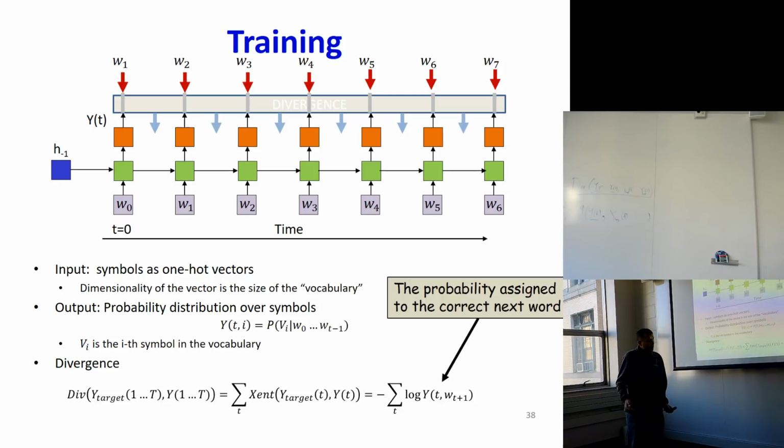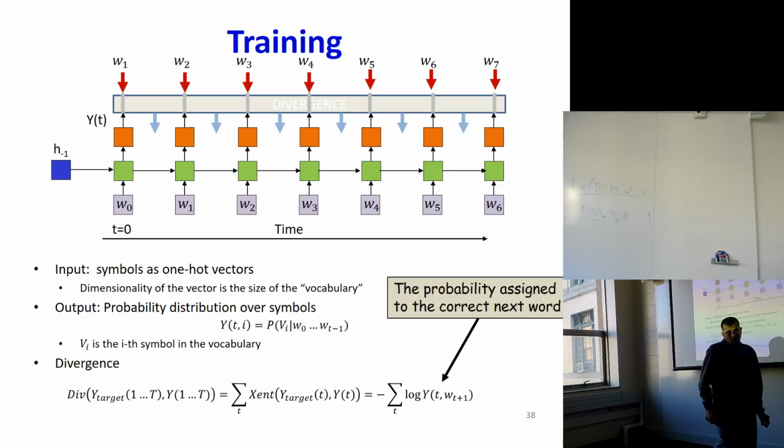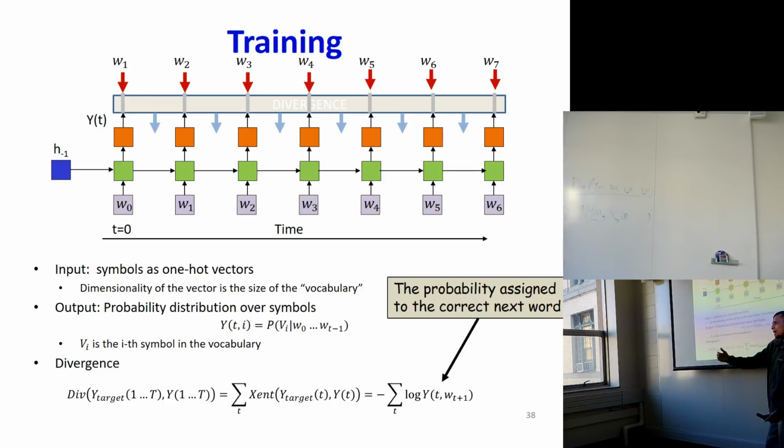If you simply work out the cross entropy, you've seen this before, the contribution of the cross entropy at each time is simply going to be minus the log of the probability assigned to the correct word by the network. So if you minimize this loss, you're maximizing the probability of the correct word at the cost of the other words. And eventually, if you got this just right, you're going to be predicting only the correct word at each time, right?